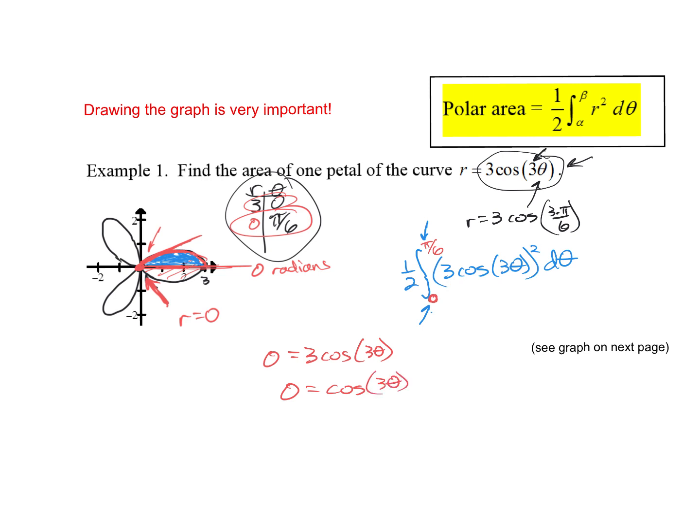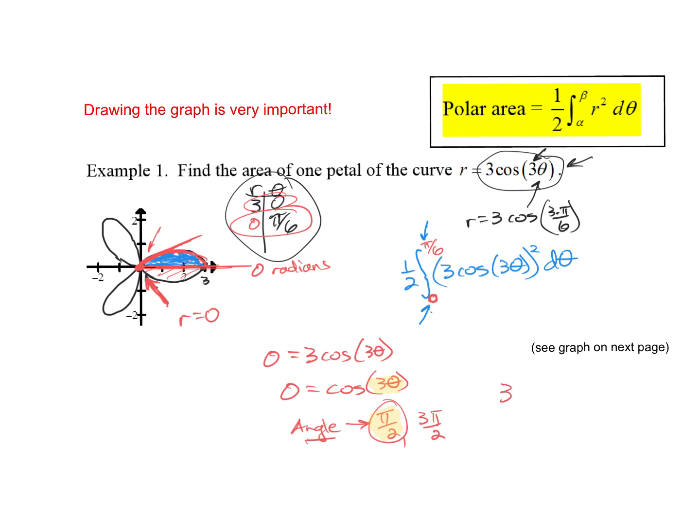And then we have to think, well, where is cosine equal to 0? Well, that happens when the angle is pi/2 and 3pi/2 and so on like that. So let's just take the first one, and we're going to say, well, we want this angle right here to be pi/2, and then that'll give me the cosine of that angle is 0.